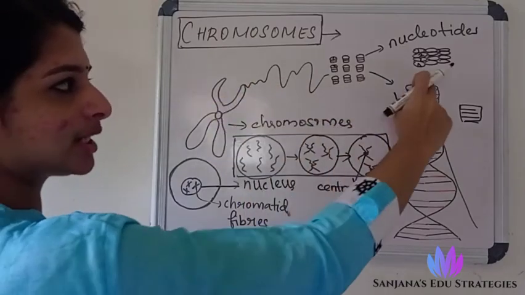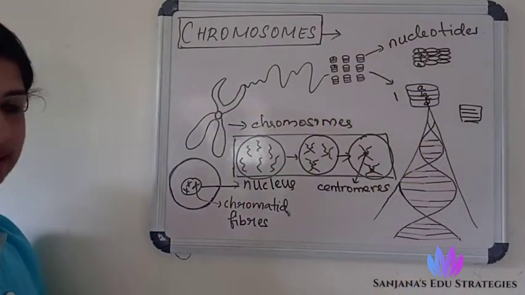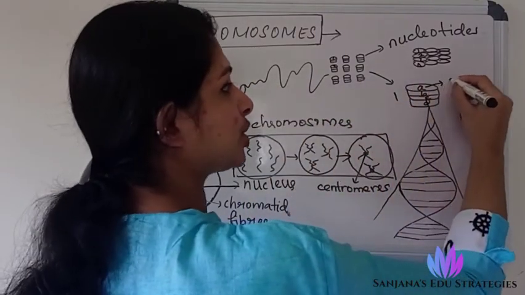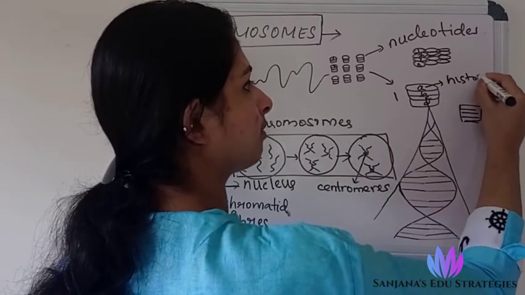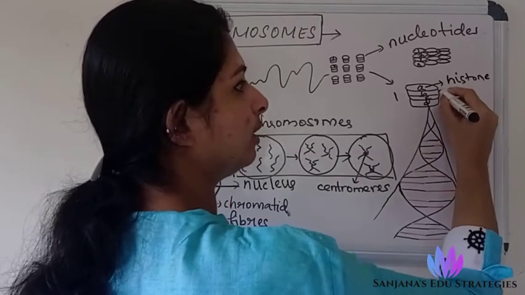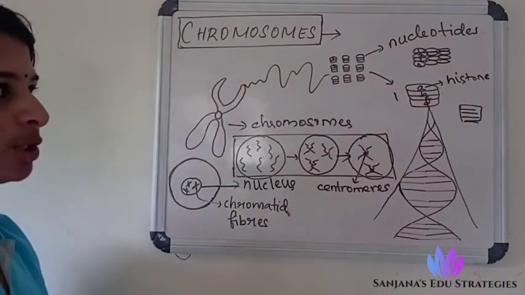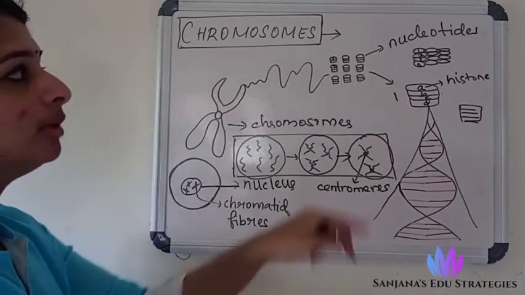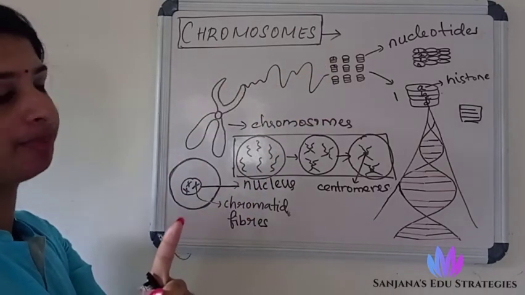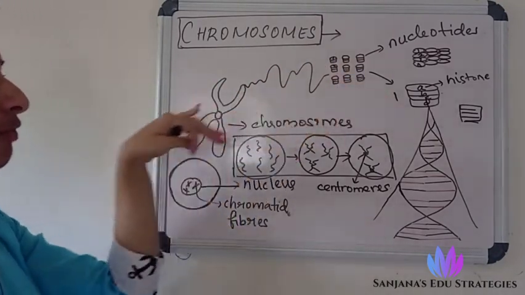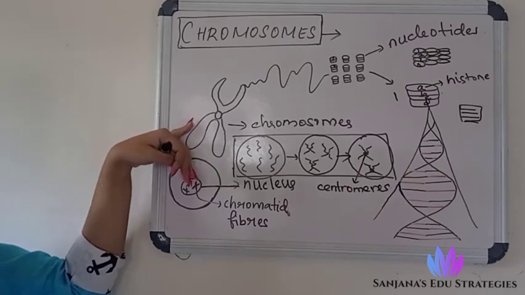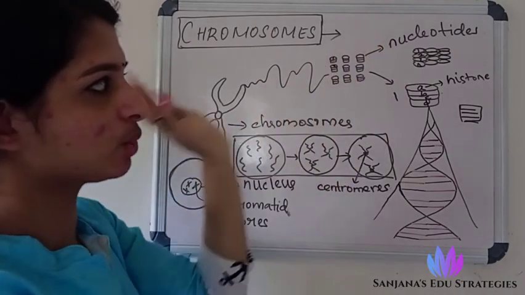We call them A histone, B histone, C histone, D histone. So histones together form one nucleotide, and nucleotides together form the chromosome. That's it about histones.